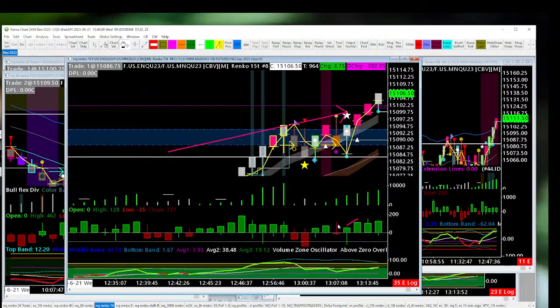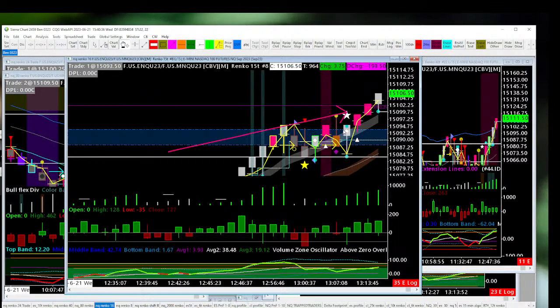Now, it is a little bit vulnerable to getting reversed when you get that big move up like that. And the difference in this bar's high and this bar's high, especially when there was a wick here, that big jump can sometimes lead to a pullback if you're not squeezing.